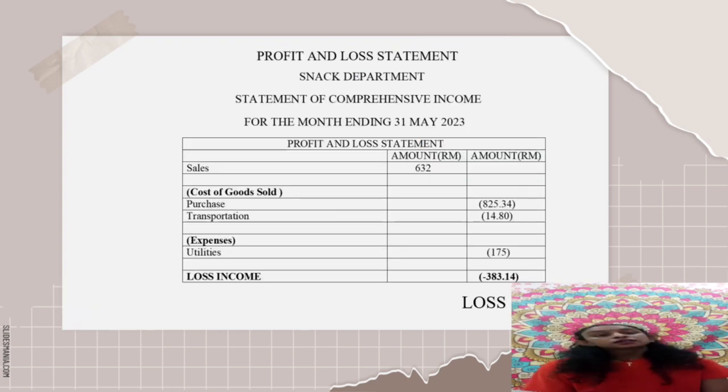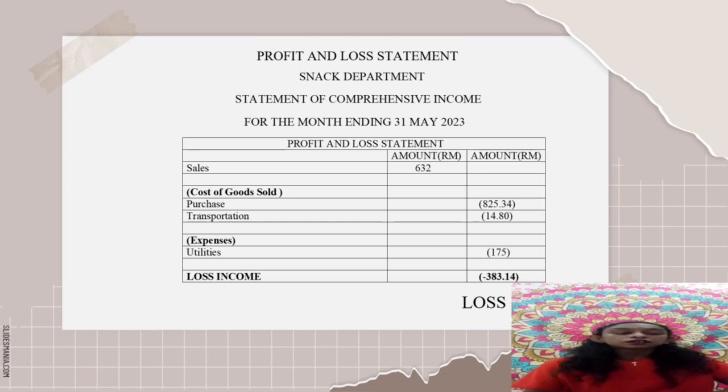Now let's look at our profit and loss statement of the snack department. The sales of our snack department will be 632, and the cost of goods sold will be purchase, which will be 825 ringgit 34 cents, and transportation will be 14 ringgit 80 cents. Next, expenses, which are utilities, 175.